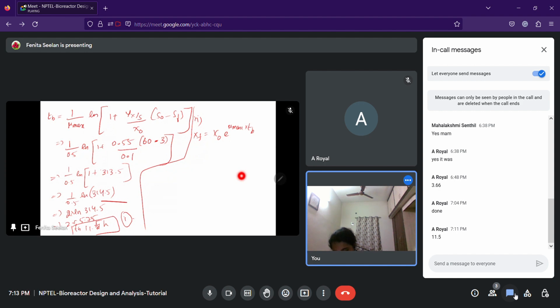This we have calculated from, I think you remember, ln of X by X naught equal to mu max times t, that formula. From here we have come here; it is a derived form of this.